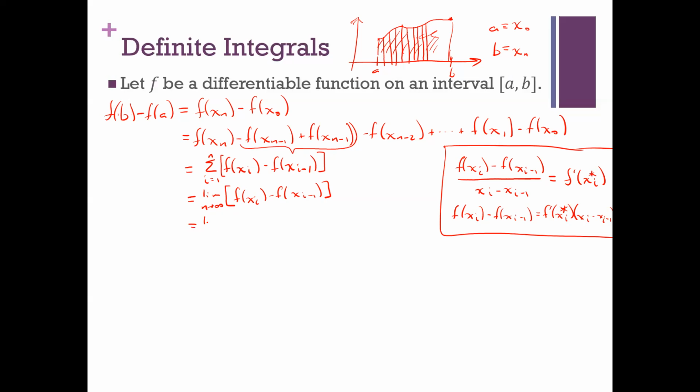All right, I'm going to go ahead and substitute here. Still have the limit as n approaches infinity, but now of this new thing: f prime of x sub i star times x sub i minus x sub i minus 1.